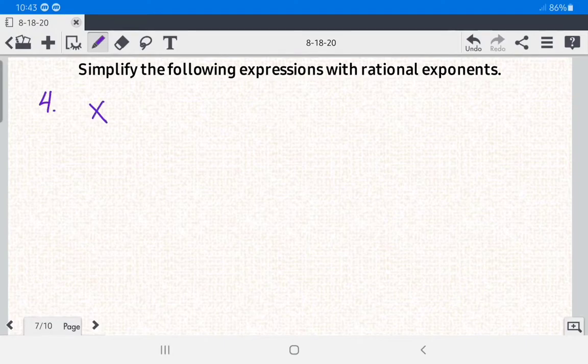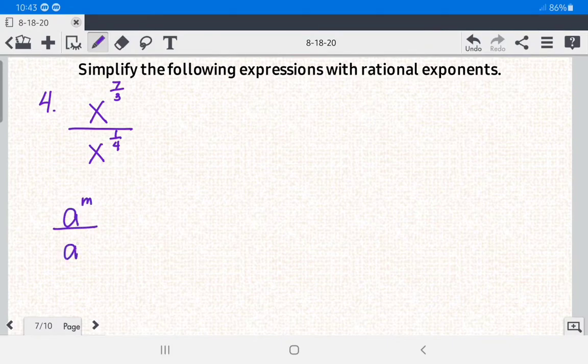Let's say we have x raised to 7 over 3 divided by x raised to 1/4. So, here we're going to make use of the next law of exponents, wherein if we have a raised to m over a raised to n, what are you going to do if m is greater than n?